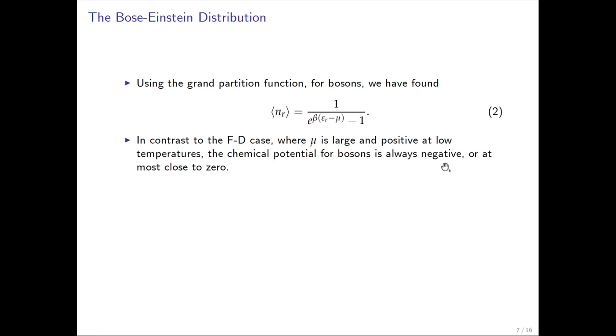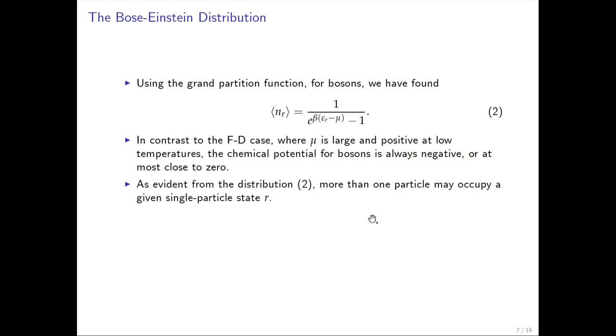That's why the chemical potential for bosons is always negative. And as we go to very, very low temperature, it gets very, very close to zero. Also, what you can see from this formula is that more than one particle can occupy a given single particle state r, so this can be larger than one, obviously.